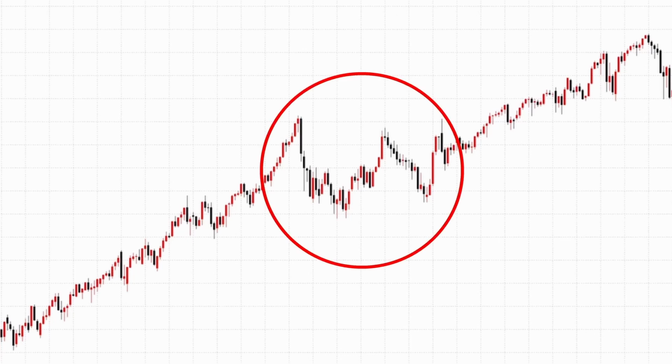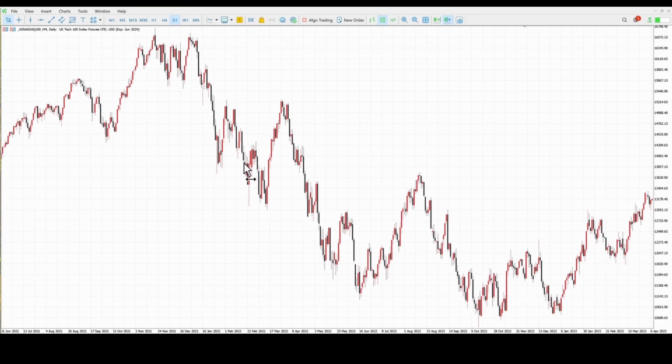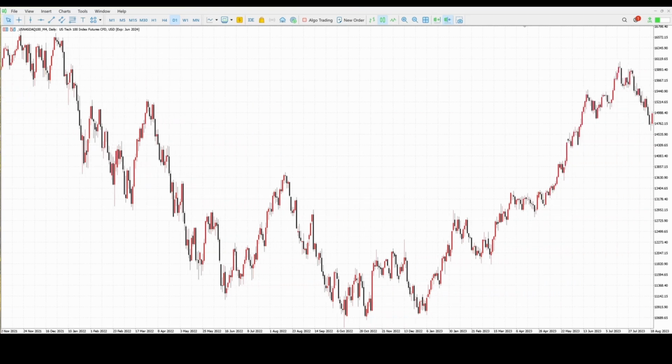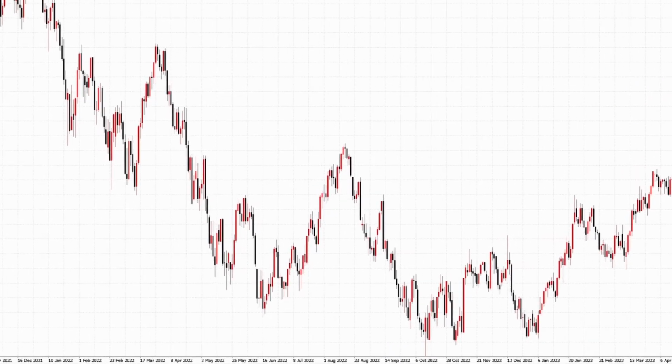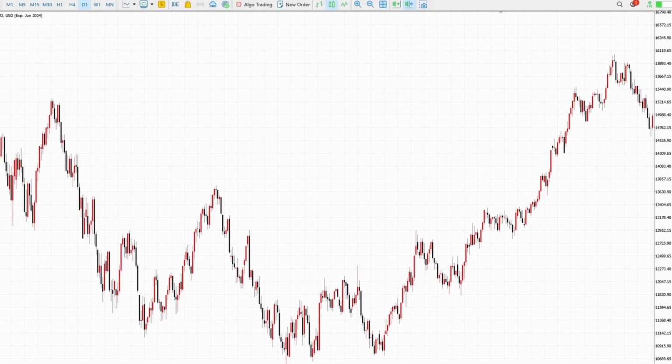However, the market continued to climb. If we move to the right for a bit, we can notice that the trend direction obviously changed, forming lower highs and lower lows. Pullbacks are quite significant, as you can see, but overall direction is still downwards, until the market starts trending upwards once again, forming higher highs and higher lows.